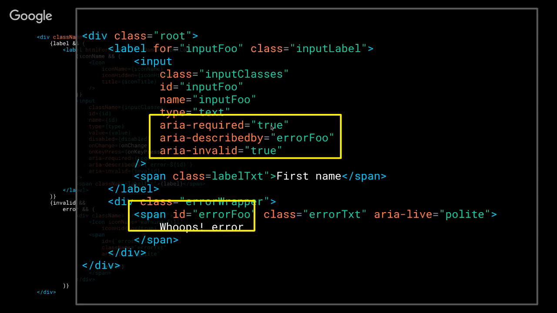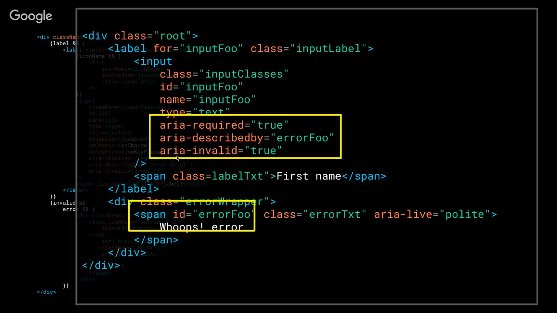Next, we have some error handling. There are these items that need to be added to your inputs to make sure that your inputs can expose an error message to screen reader users. We have three ARIA attributes up here. The first one is aria-required, which is true. We're making sure that this input is required.